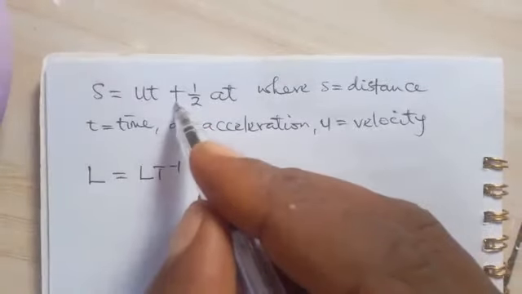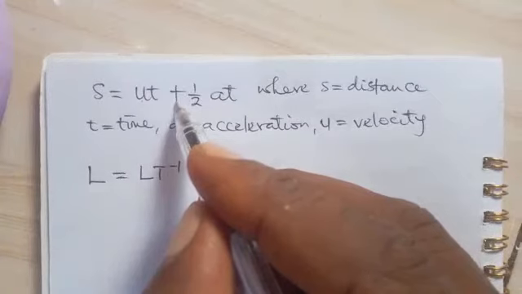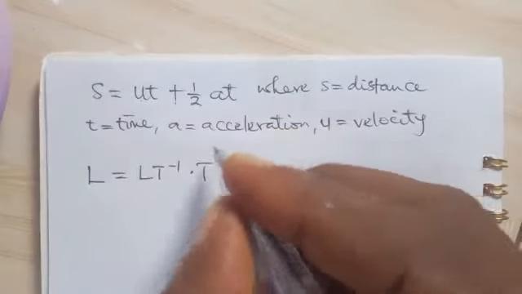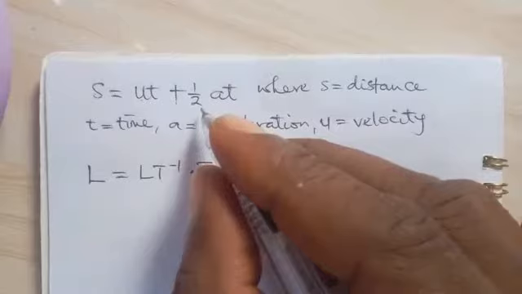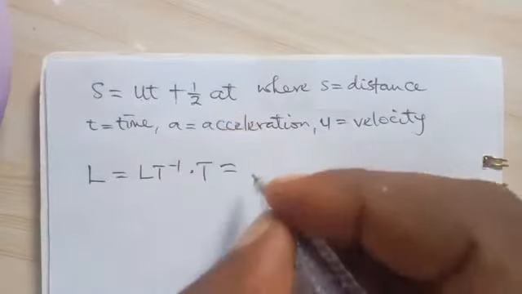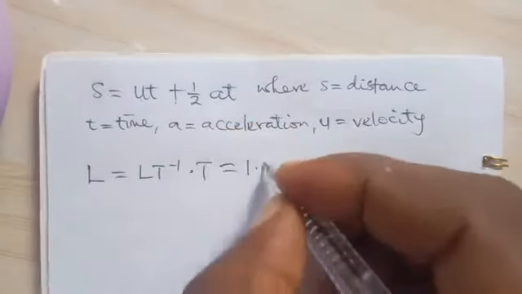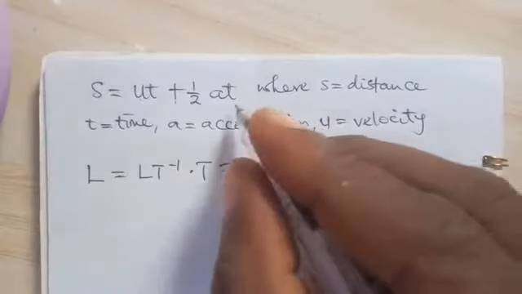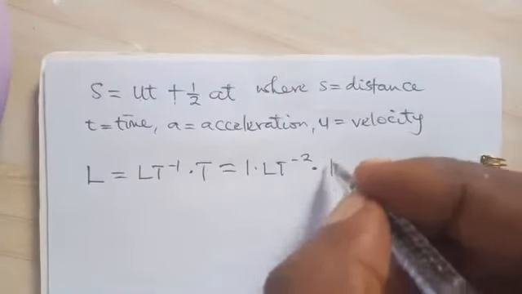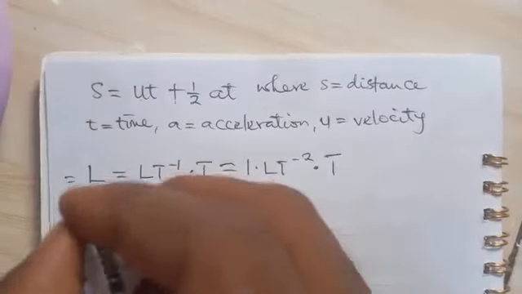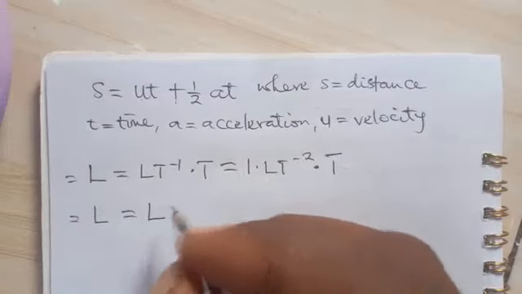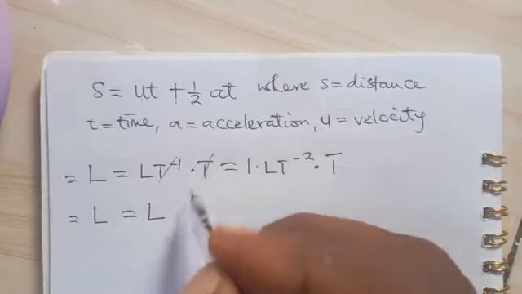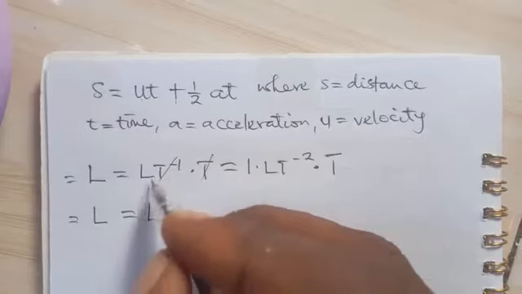Whenever you see addition or subtraction in homogeneity of equation, it turns into equal sign. So it becomes equal sign. So we have equals, unitless or dimensionless entity is 1. Remember, 1 times acceleration LT minus 2, time times T. So we have L equal to L. This T can cancel out this because this is over, it means it is under.